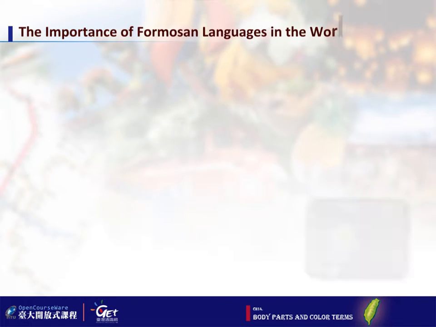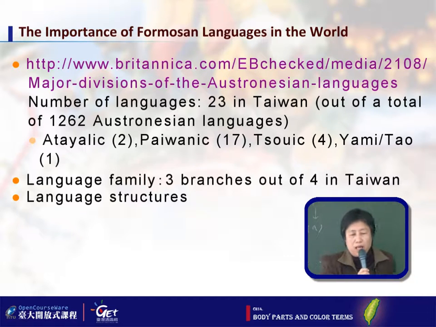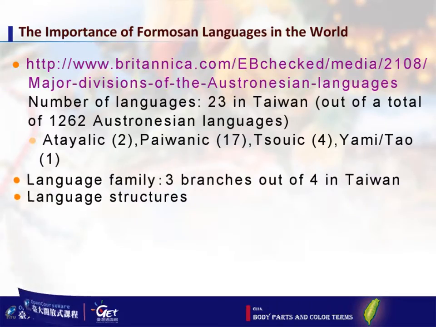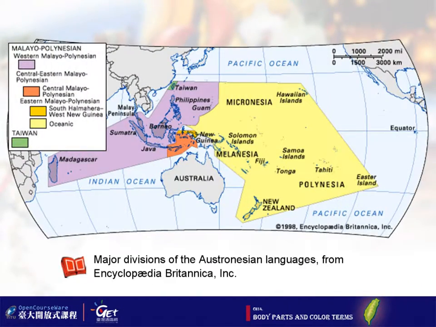So now we look into the data in Taiwan, Formosan languages in the world. The Formosan languages in Taiwan are very important in terms of the language family. We know that there are more than 6,000 languages in the world, and in the world there's a total of 1,262 Austronesian languages.